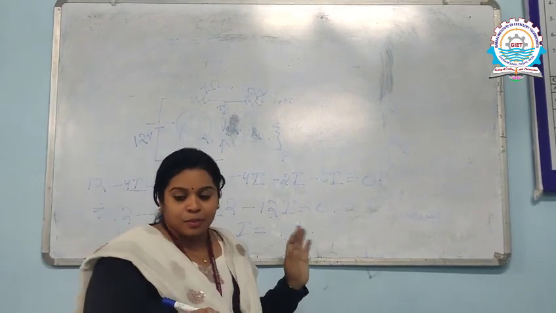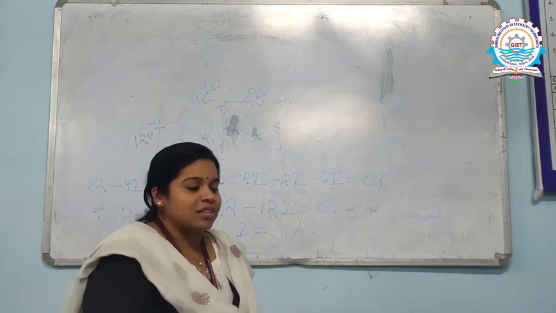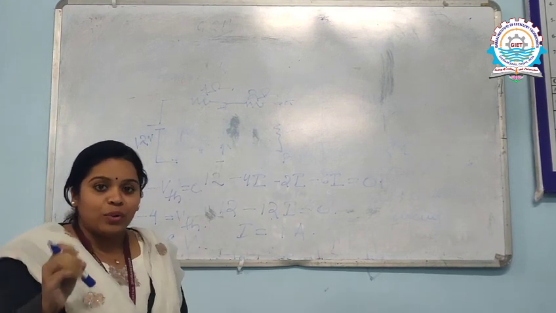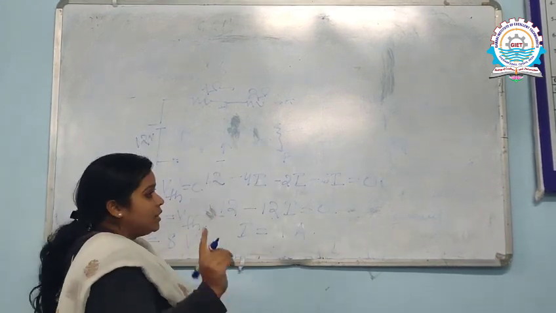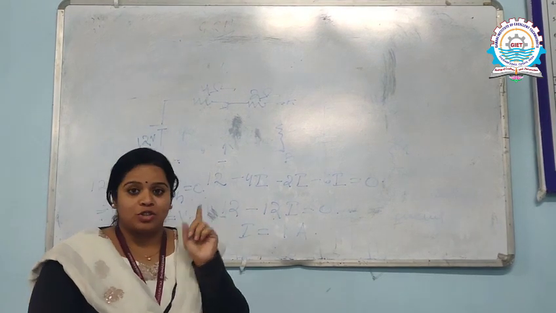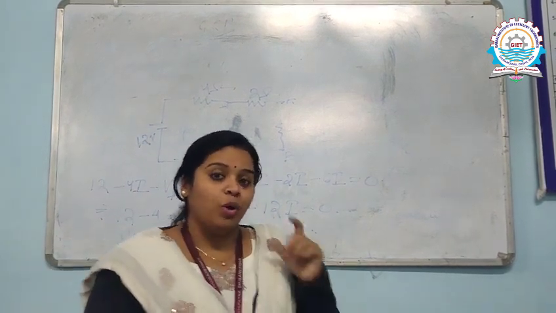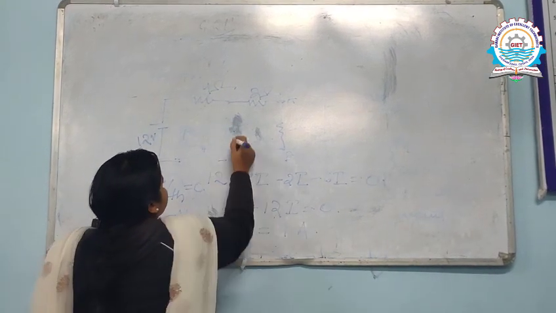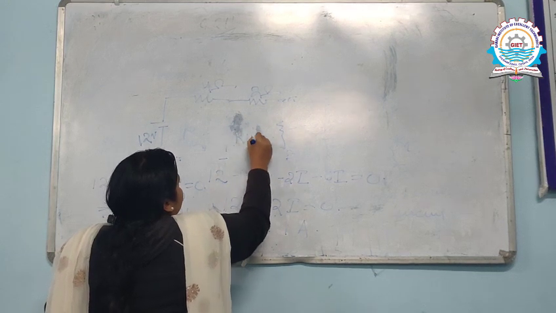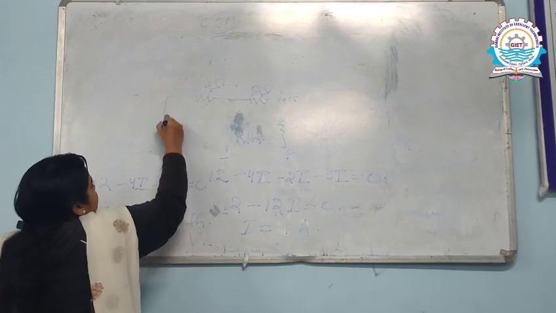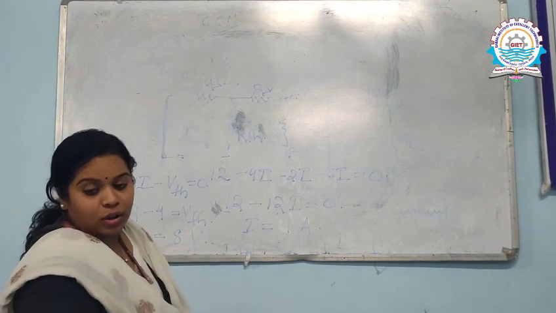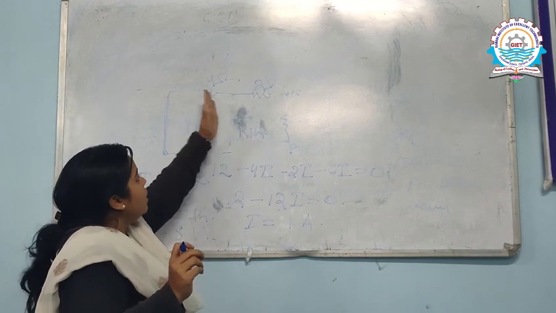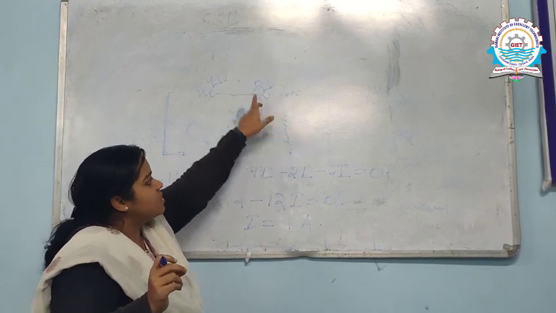I already got VTH. My next step is to find RTH. Across the same terminals where we found VTH, we find RTH, but all the voltage sources should be short circuited and all the current sources should be open circuited. Here, these two will be in parallel and with this it is in series.